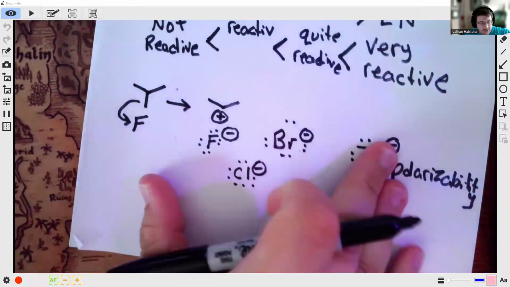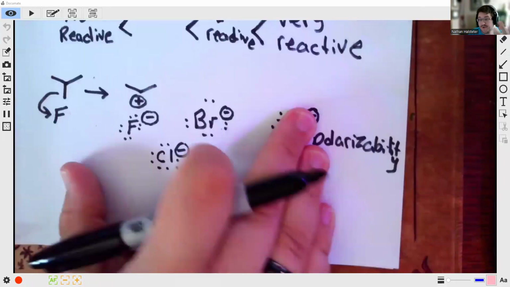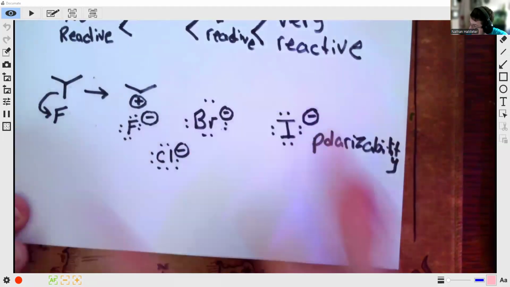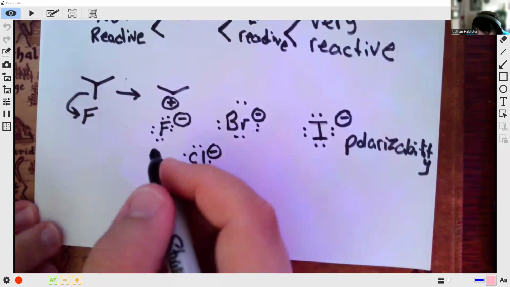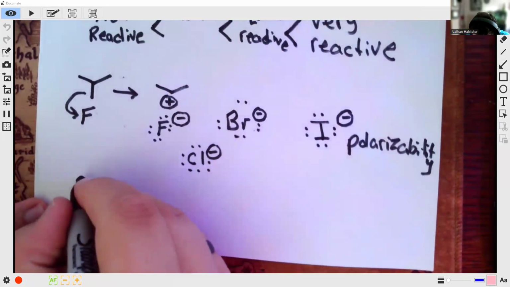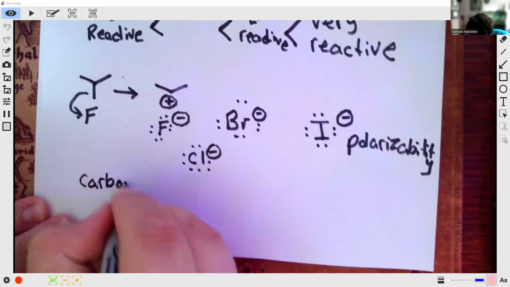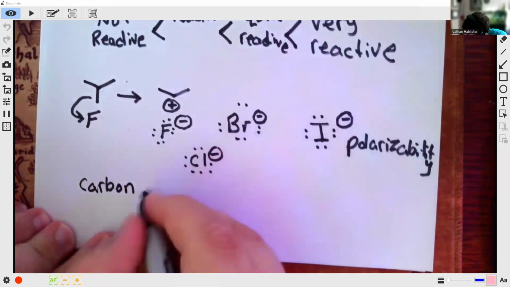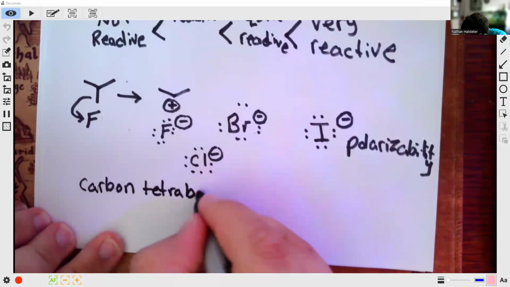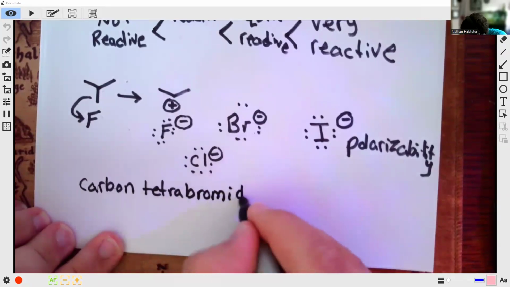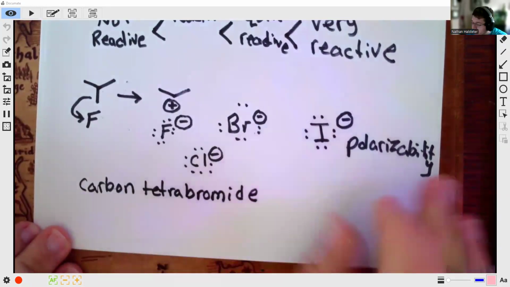Okay, let's look at some examples going the other way. We've named a few compounds, but if I give you the name, I also need you to be able to draw the structure. So let's look at a few examples. Let's do carbon tetrabromide. Although we haven't talked about the specific way of naming, I bet you could figure that one out.